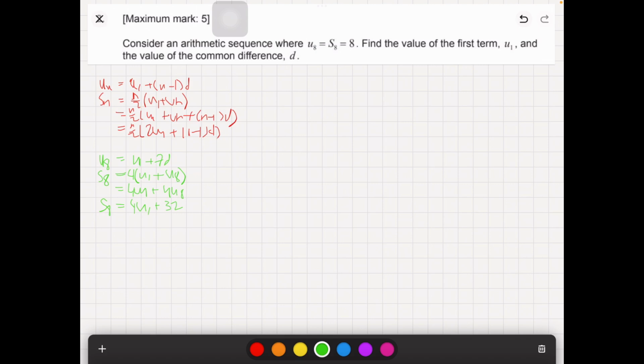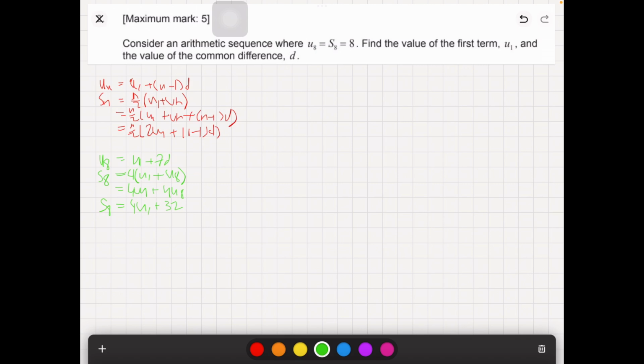We have U8 is equal to U1 plus 7d. And we also have S8 is equal to 4U1 plus 32. So now, we know the values of U8 and S8. They're both 8, right?